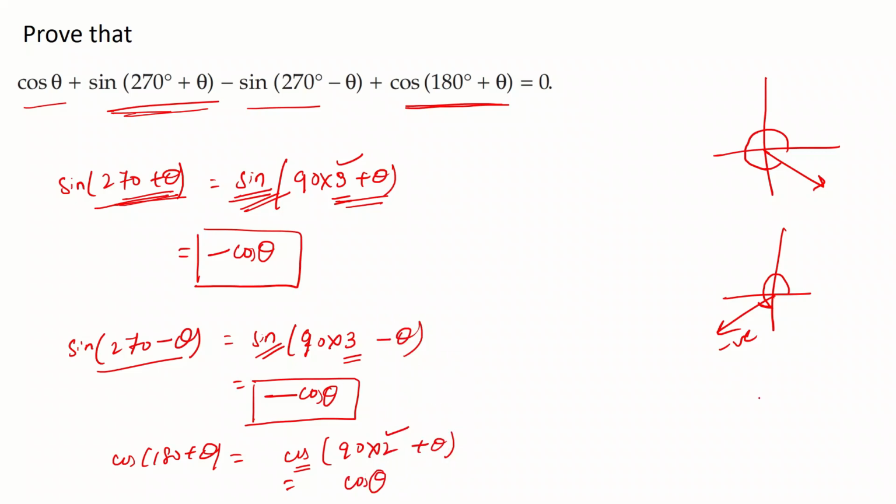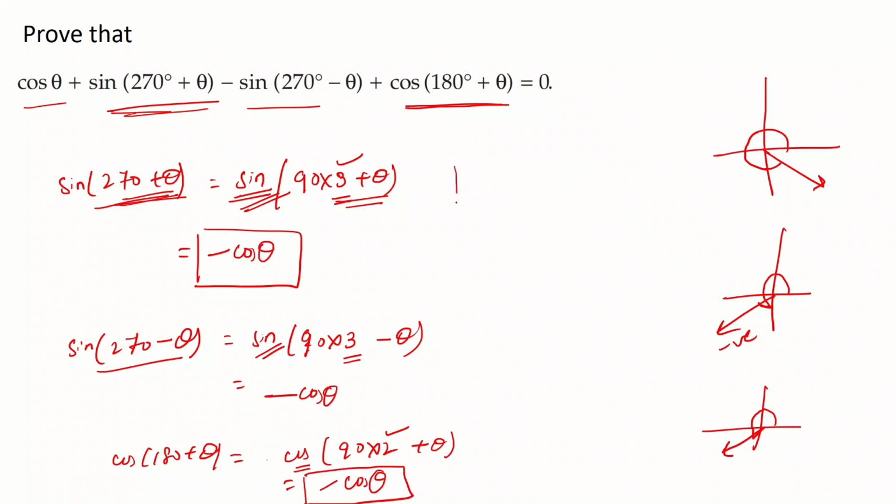And then in order to find the sign, 90 times 2 plus theta goes in the third quadrant. In the third quadrant, cos is negative, so it takes a negative value. So keep a negative over here, don't mess around with the values. So this becomes minus cos θ.